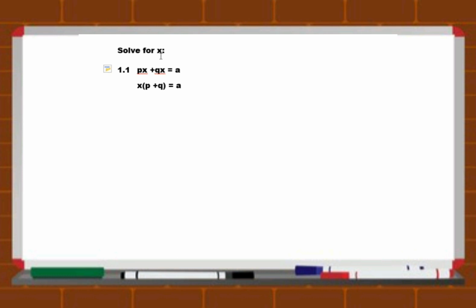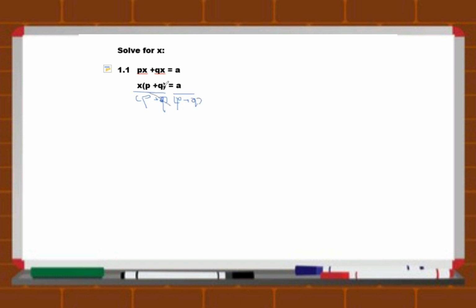The question says solve for x, meaning we want to find ourselves in a situation where on one side of the equation, we're left with an x. So what you have to do in this instance is divide both sides by p plus q. Sorry for this ugly handwriting.